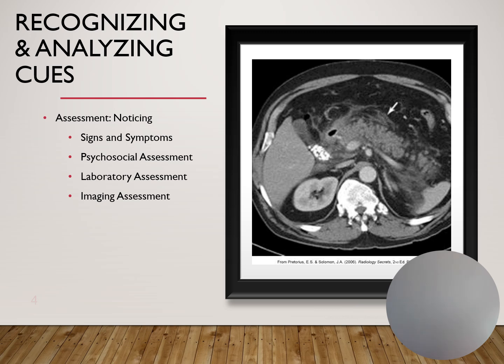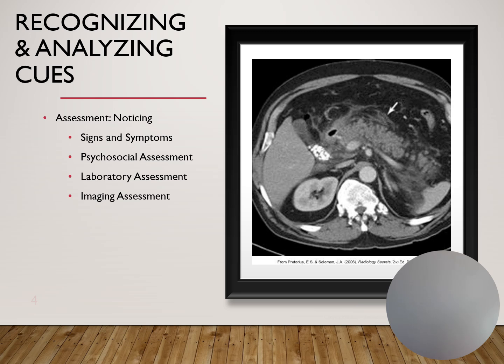They may also have decreased or absent bowel sounds, abdominal tenderness and/or rigidity, which would be a sign of peritonitis, ascites, elevated temperature, tachycardia, decreased blood pressure, and they may also have dyspnea or orthopnea. With the psychosocial assessment, it is important to determine what their alcohol intake history is.